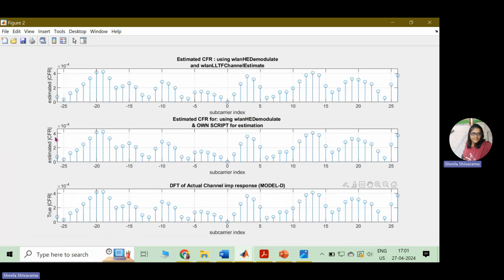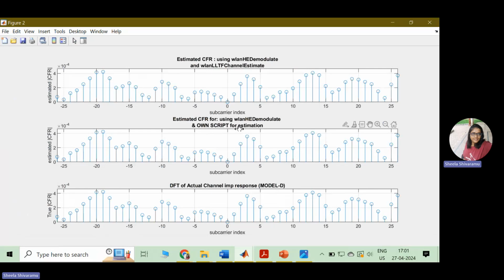If you see, this is the estimated CFR using HE demodulate, which basically does the FFT operation at the receiver, and WLAN LLTF channel estimate. This is the code, own code written. So both are matching. Basically, WLAN LLTF channel estimate is also doing the least square estimation.